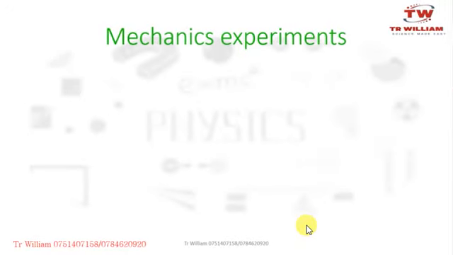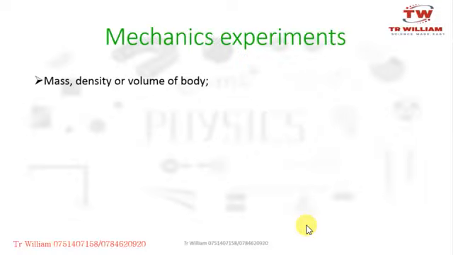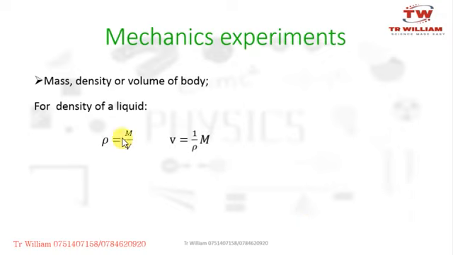If we have a quick look at mass, density and volume of a given body, for example the density of a liquid, we know from our theory that density is given by what? Mass over volume, correct? So if I rearrange by cross multiplication, I'll have volume equal to mass over density. That is already in the form of the equation of a straight line, y equals mx plus c, where c is 0 in this case.